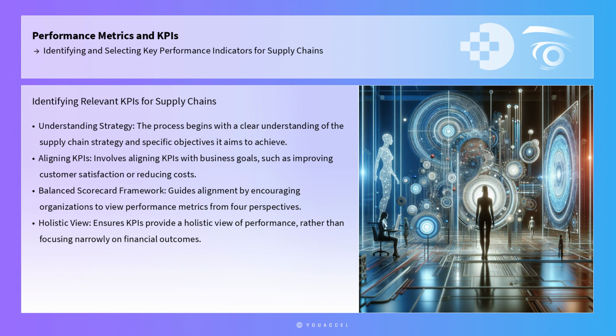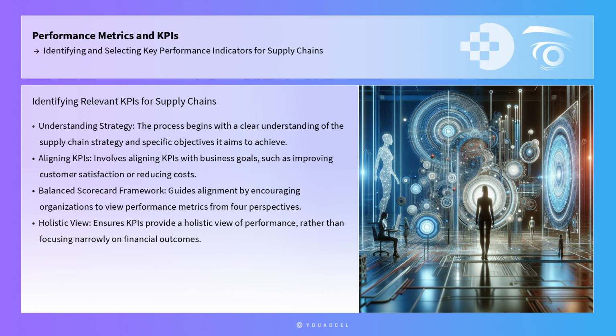The process of identifying relevant KPIs for supply chains begins with a clear understanding of the supply chain strategy and the specific objectives it aims to achieve. This involves aligning KPIs with business goals, which may include improving customer satisfaction, reducing costs, enhancing supply chain agility, or achieving sustainability targets.